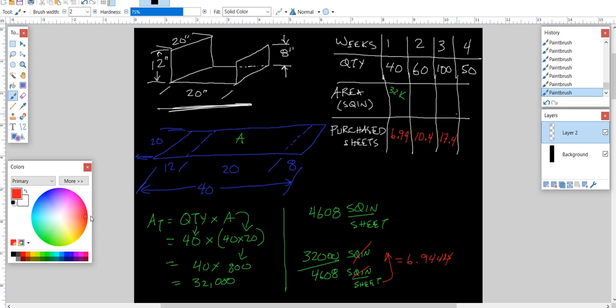And then for the 50, I need 8.7 sheets. So maybe I'll just work this out as well. So 60 times 800 is 48,000. And for 100, it's going to be 80,000. And then half of that is, this is going to be 40.